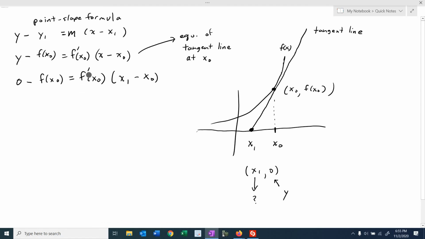Okay, so to find x sub 1, I guess we would divide by f prime of x sub 0 first. And then we would just add x sub 0 to the other side.